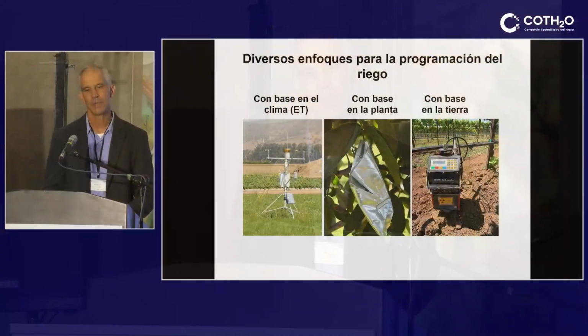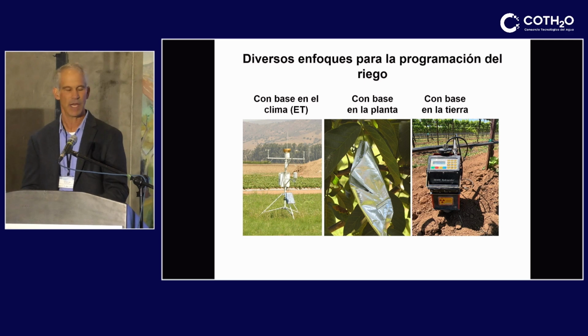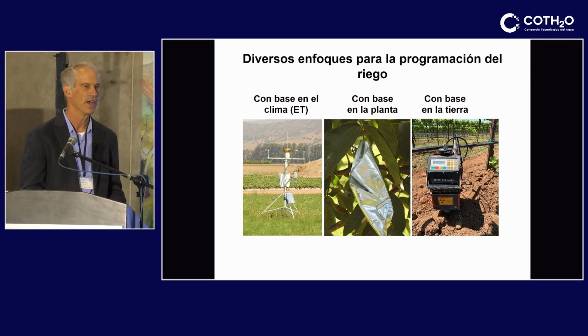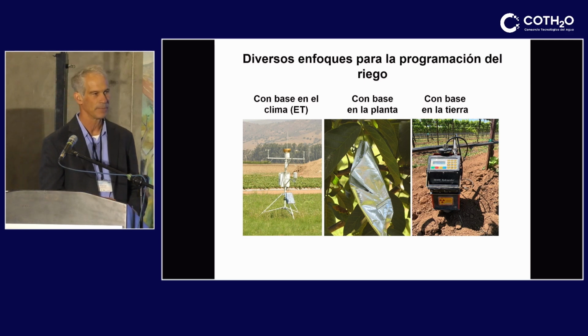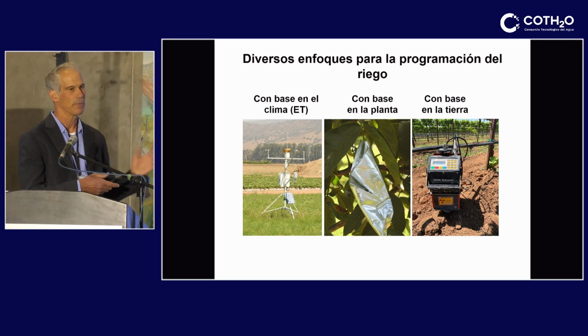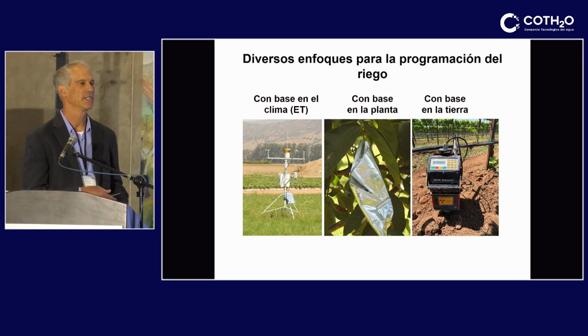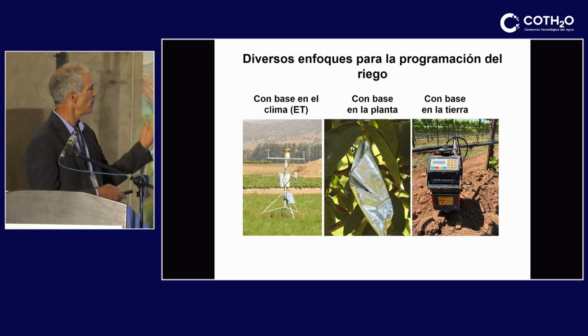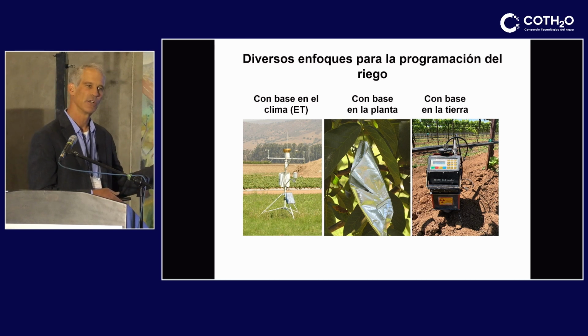So in irrigation management for vineyards and many of our crops, we really have these three approaches to deciding how to schedule the irrigations. Some are based on understanding the weather conditions.